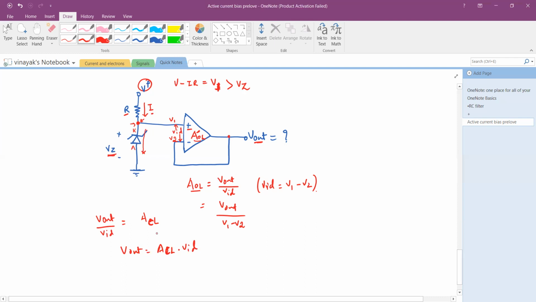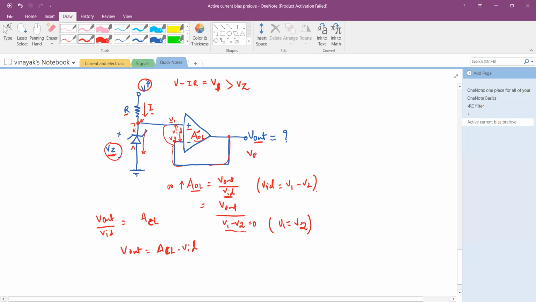So if your gain in this case is very high, ideally infinity, that means the difference between the two inputs should be zero. And for that, V1 should be equal to V2. So V2 comes at the same potential. The voltage can come here, which is V1, and V1 is equal to VZ, and Vz therefore comes right here at the output.